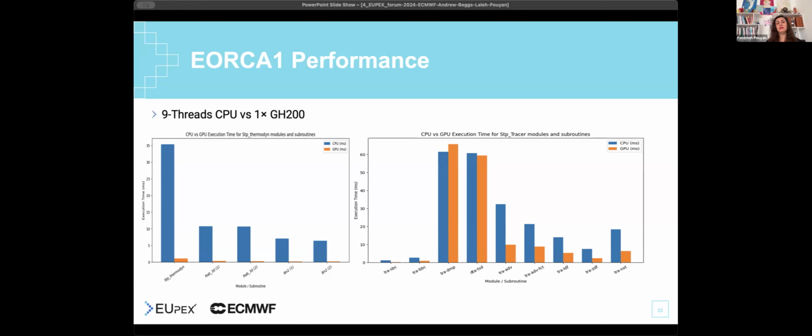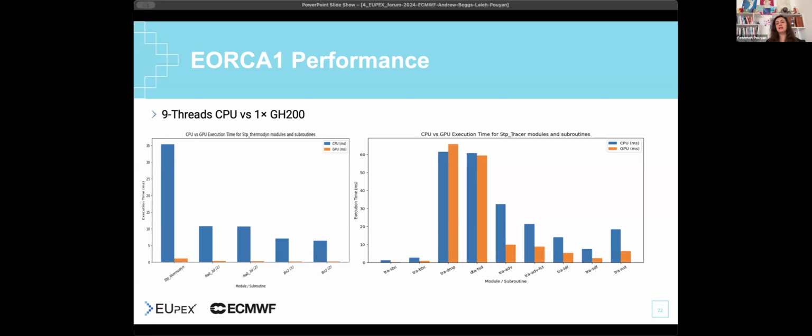As you see here, for instance, we just compared one Grace Hopper GPU to one Grace CPU with 9 threads. However, to have a more fair comparison, we need to compare the performance of one Grace Hopper GPU to one full socket Grace CPU with 72 CPUs.